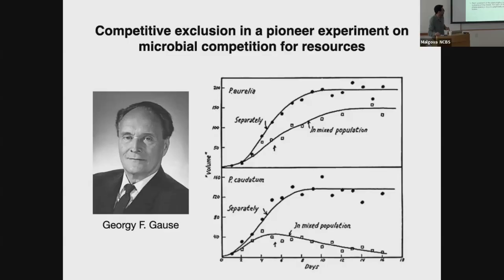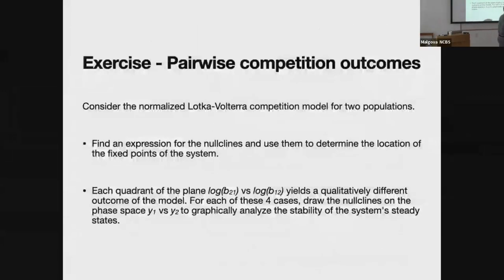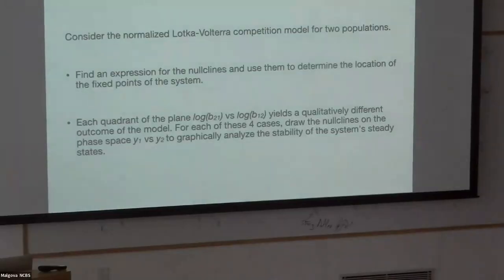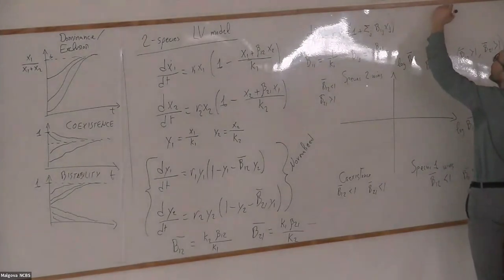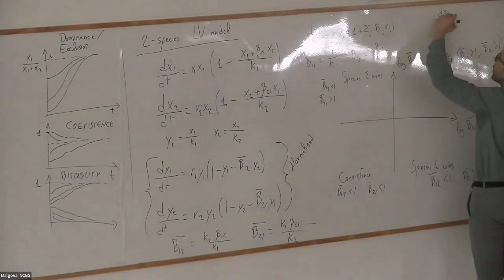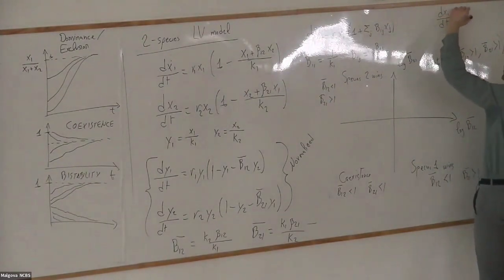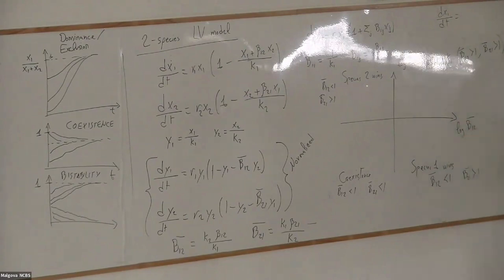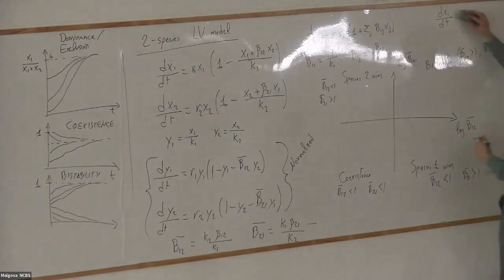Here I'm going to give a little bit of time, a few minutes, to just play in computing the null clines. As Akshit had mentioned, these null clines are the lines or the curves where dx1, x2 is 0, and actually I want to play with the normalized version.